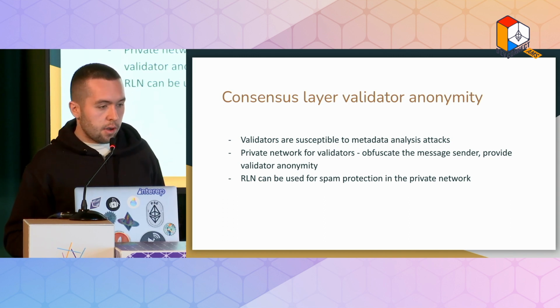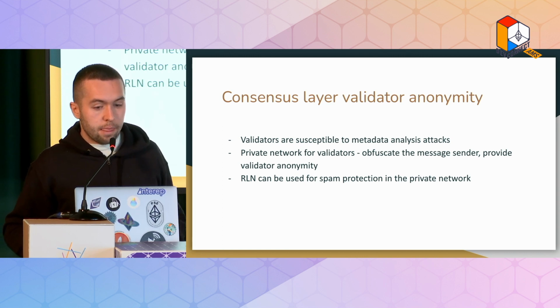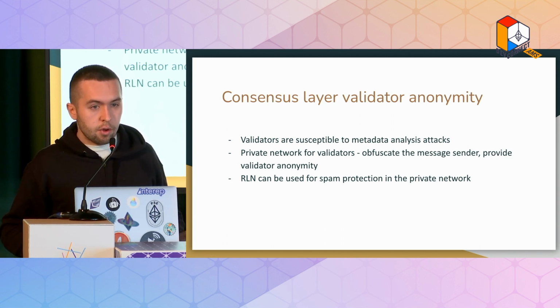How we think about solving this issue is enabling a private network so that the validators can obfuscate themselves. The validators can have multiple roles, for example, block proposer, attester.